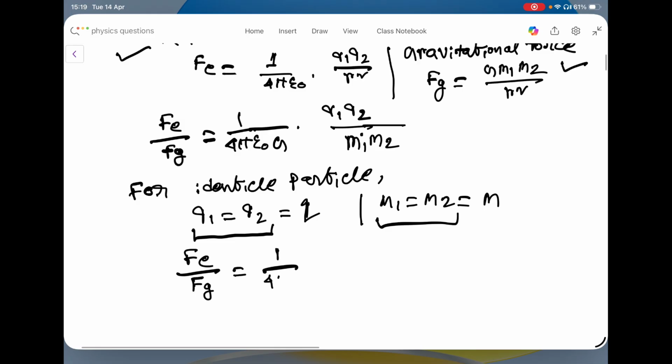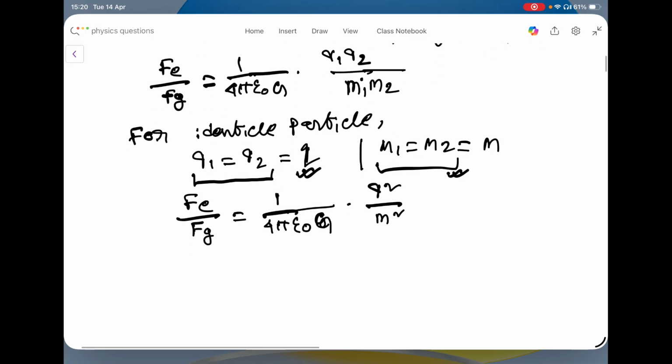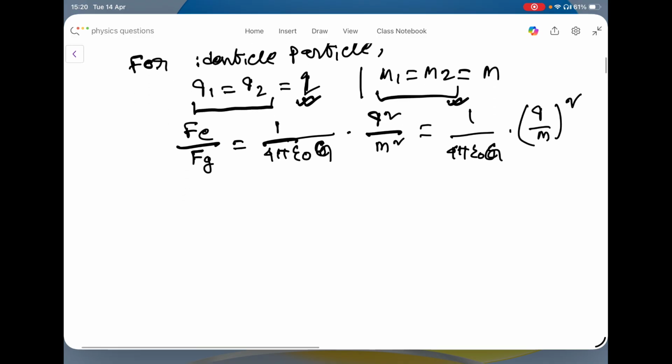It will be 1/4 pi epsilon naught into G into q square by m square, right? You just put the value of q1 and q2 as q and m1 and m2 as m. So you can write these things like this: 1/4 pi epsilon naught into G into (q by m) whole square, right?